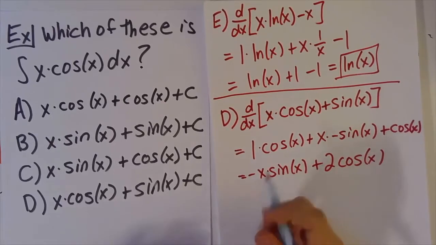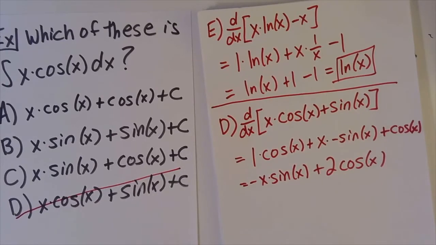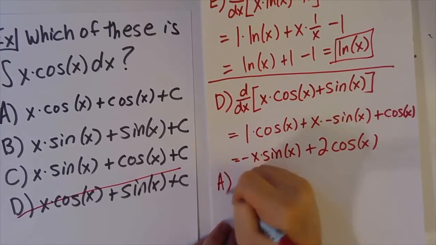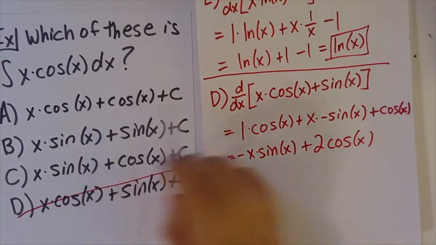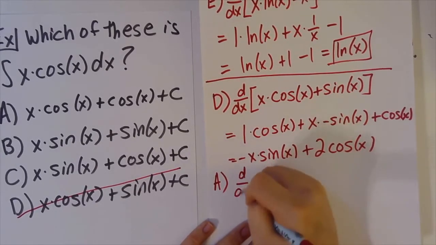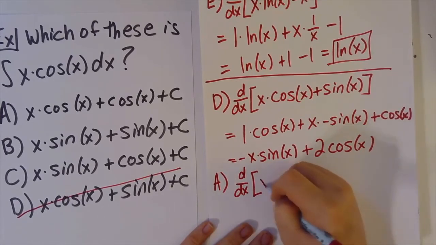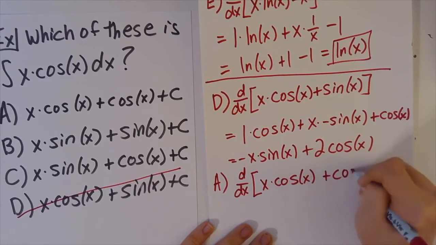Okay. Darn it, he guessed I was going to do that and made it not the last one this time. So maybe he outthought me. So let's try the first one. Maybe he thought, oh, I know he's going to try the last one first, so let's put it at first. So if I take the derivative here of the first one, it will be x times cosine of x plus cosine of x.